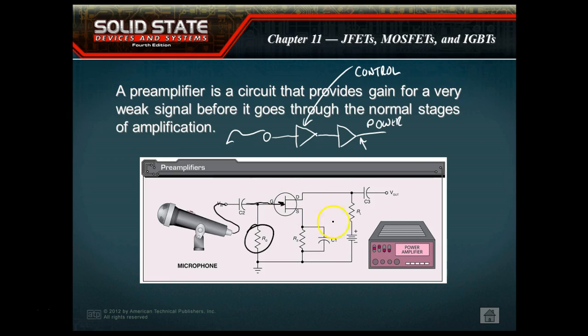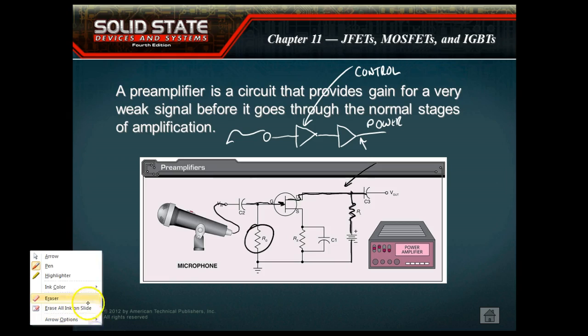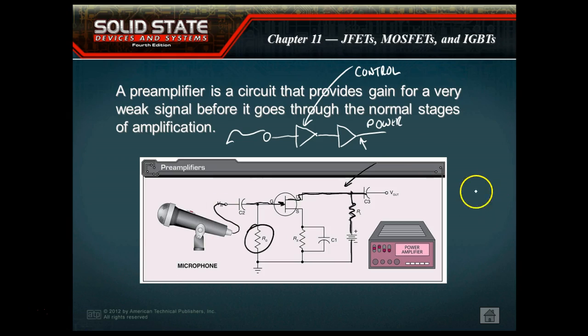And then we come in, and this is a common source. Common source means we take our output off the drain, and of course they draw theirs a little backwards. Here's our drain resistor. Normally we draw this schematic with this pointing up. The book just draws them a little backwards.